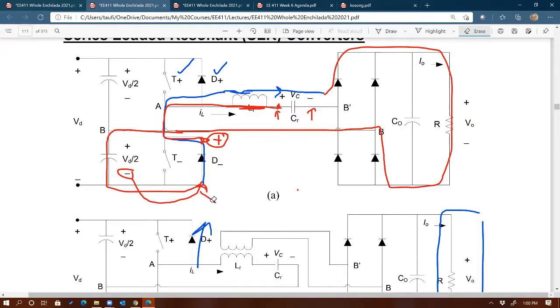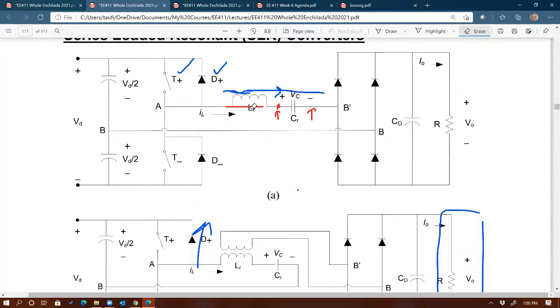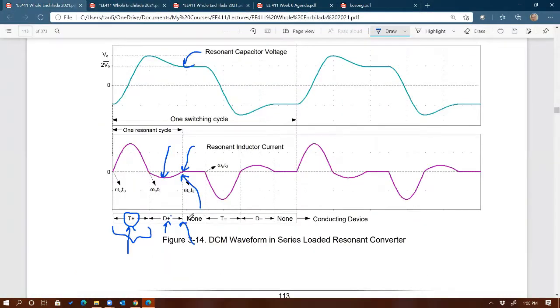Another way to explain this is that as soon as IL goes to 0, and remember, T plus is already off, T minus is still off too. I'm not turning on T minus yet. If I look back to here, you can see that at omega naught T2, I'm not turning on T minus yet.